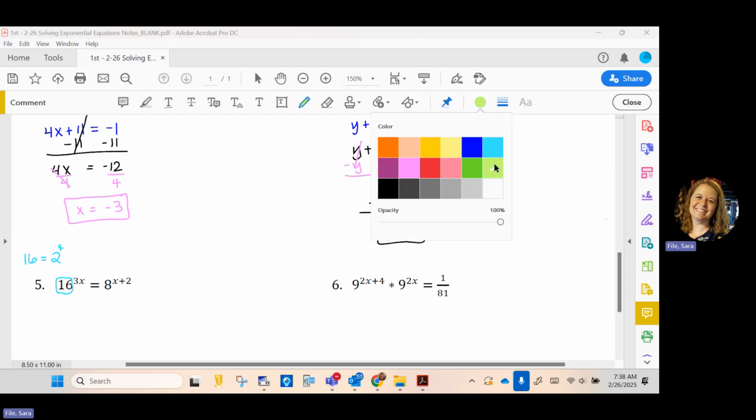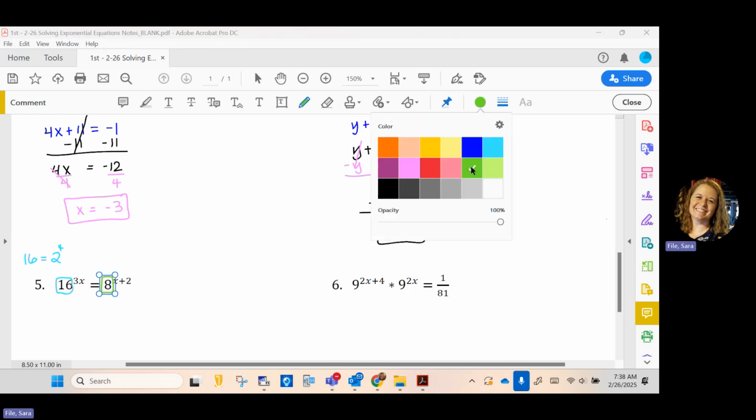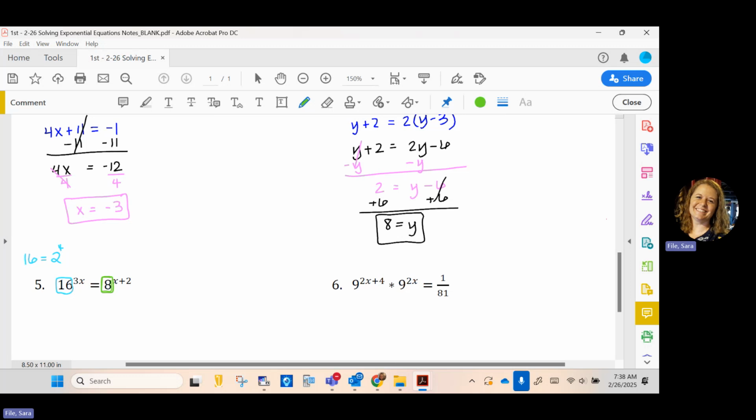Okay, and then I also need to replace the 8. Oh, that color's hard to see. Let me get a darker green here. Okay, 8 can be rewritten as 2 to what power? Not 4. 3. 2 to the 4th was 16. 2 cubed is 8. 2 times 2 times 2 is 8. 2 times 2 times 2 times 2 is 16.